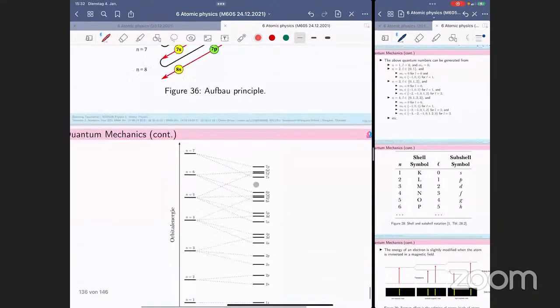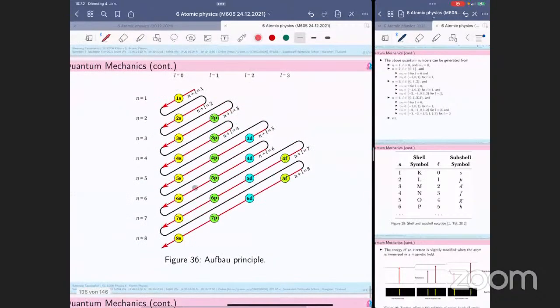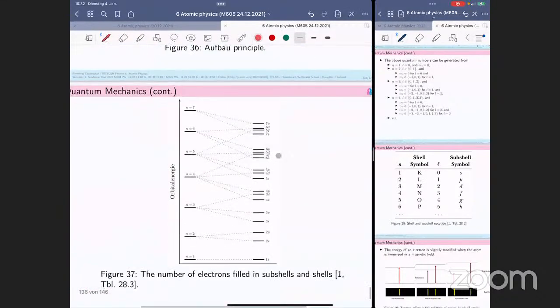Okay, and the notation of figure 36 here has some relation to this one, and this is in German. I'm sorry for that. It's taken from a German book. It's orbital energy, so you could understand in English, right?